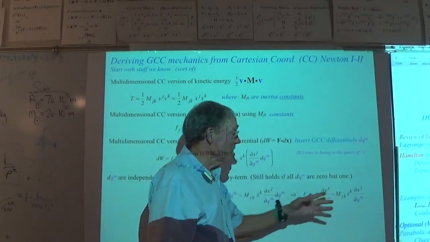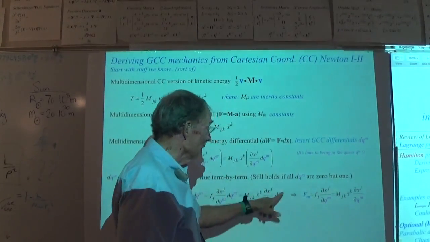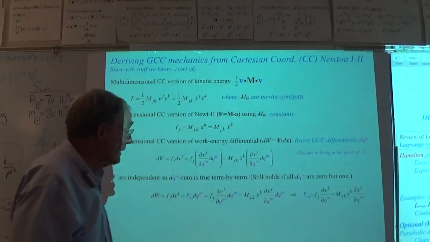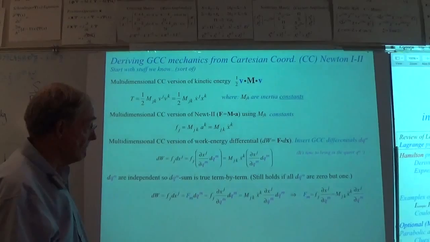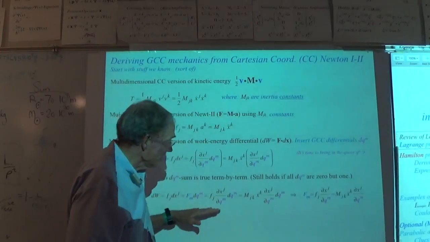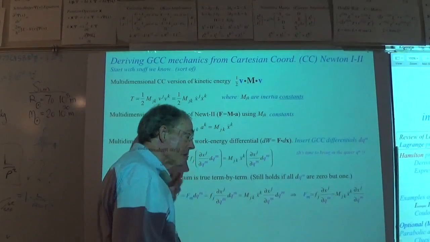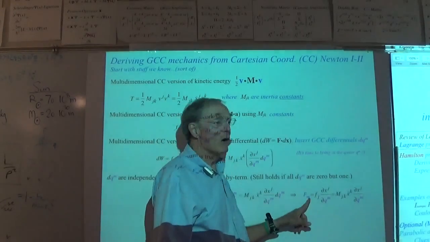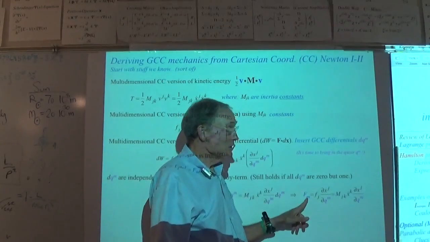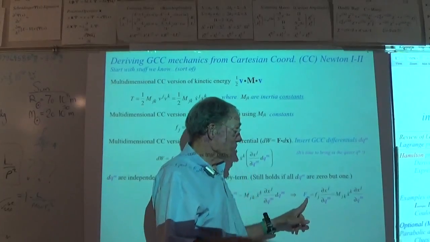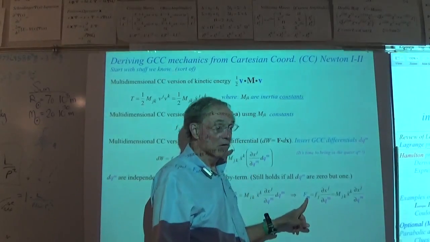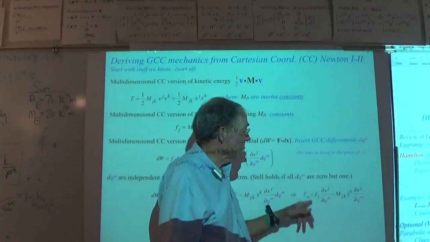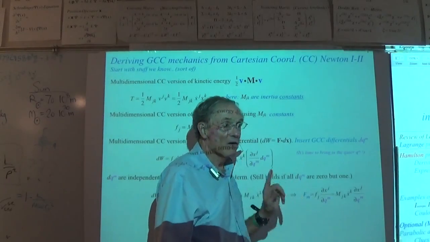If that were the case, then you would not have a sum over m. You would just have one term involving a single m. So the idea is that this sum here, because they're independent differentials, is equivalent to this one that just involves one particular, and any one particular GCC coordinate, the mth GCC coordinate. So that's a big icebreaker right there.